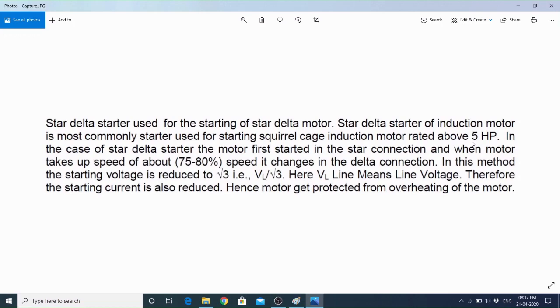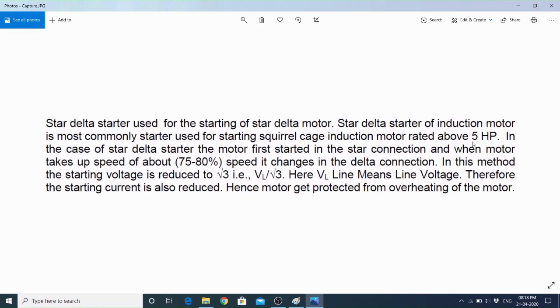From there, when the motor starts rotating, it has to overcome its moment of inertia, and then when it starts rotating, the standstill load reduces in some percentage.